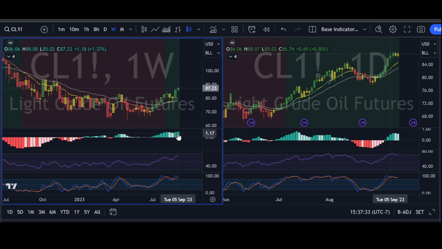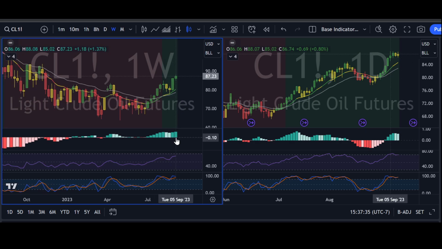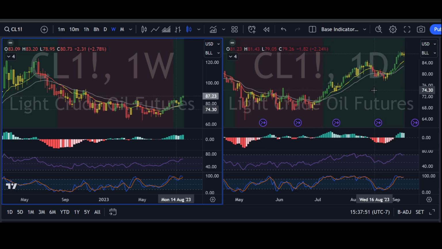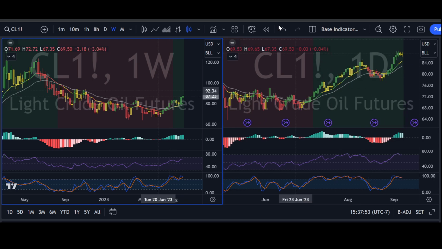And what I will also be watching for is to see if on the MACD on the weekly, we start off the week with a lower number or a lower, lighter colored green bar, because that would be a signal that maybe crude oil is about to turn over and pull back for a time. I'm not saying it's going to crash, but it could pull back for a time. So I do want to call that out.